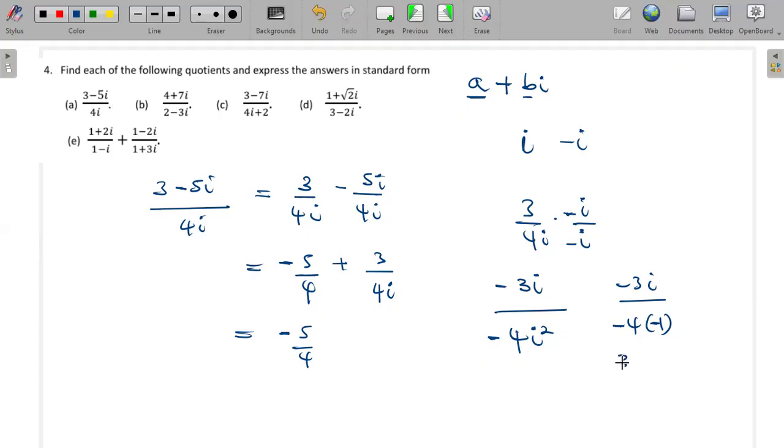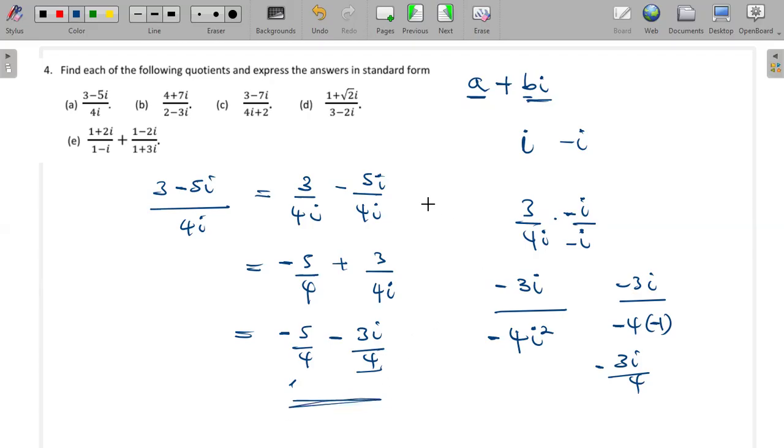Then you just remain with negative 3i over 4. So we've expressed it in the standard form where this is the real part and that is the imaginary part.